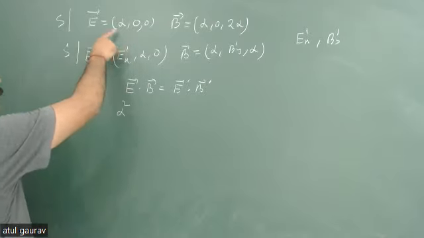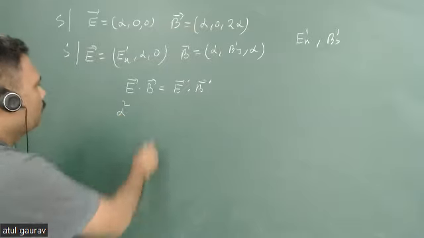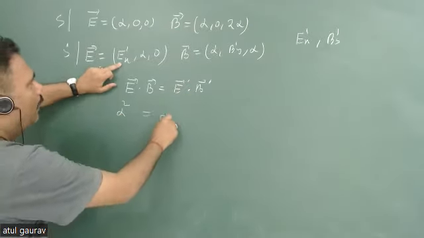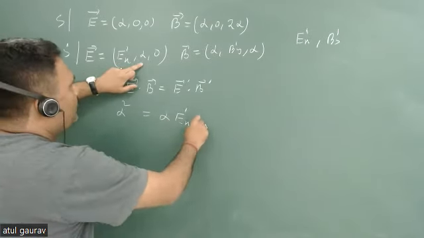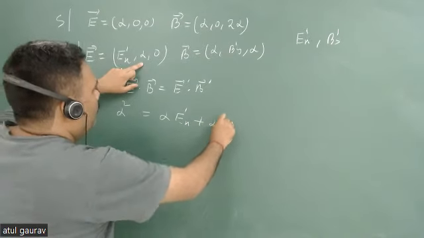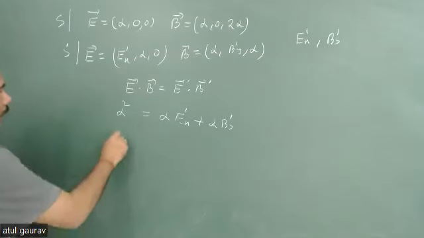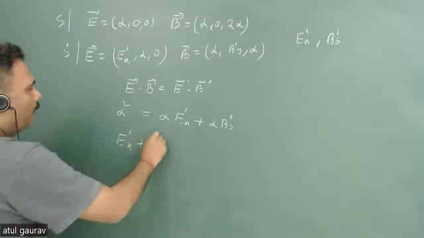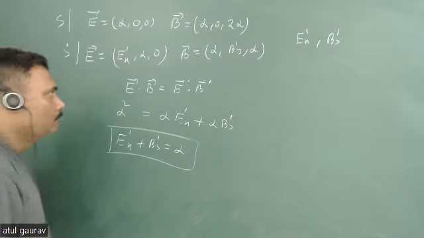Alpha square, right? This and this will be 0. So this is alpha square. What is your E dash dot B dash? Alpha Ex dash plus alpha By dash plus 0. So you have one equation: Ex dash plus By dash is equal to alpha. This is one equation.